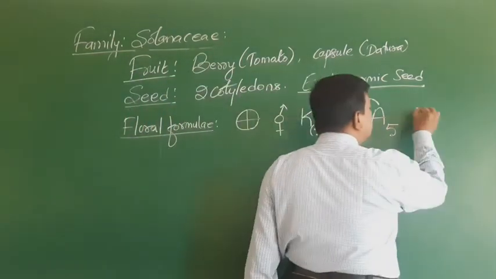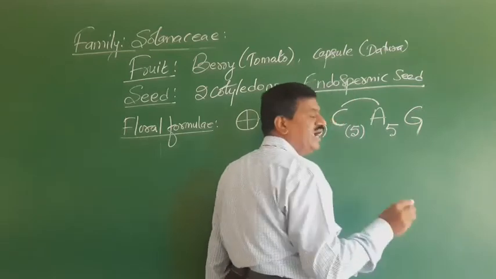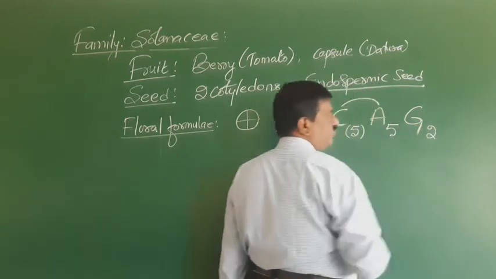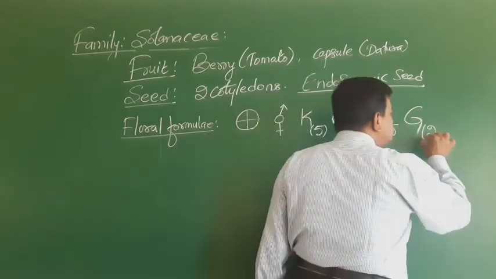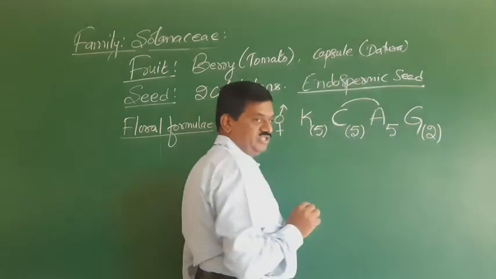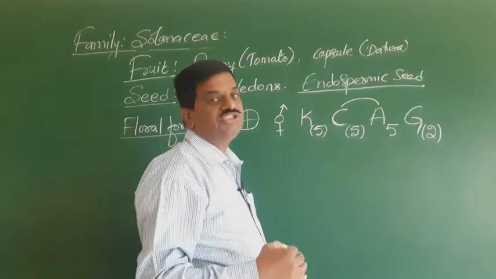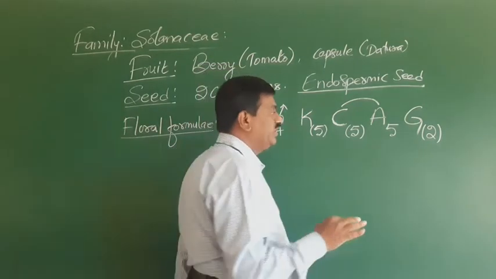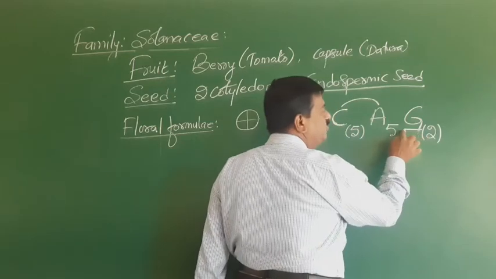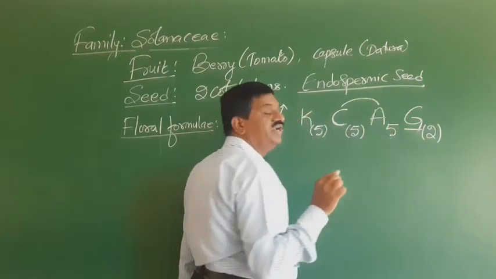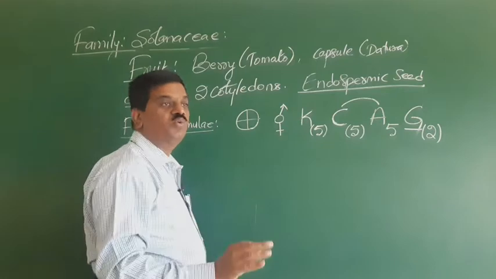Next we go for gynoecium. Gynoecium has 2 carpels and both the carpels are fused. So we are writing the word syncarpous, and the position of the ovary is superior. So the superior ovary is represented like this. When you write a line below this, this indicates it is a superior ovary.